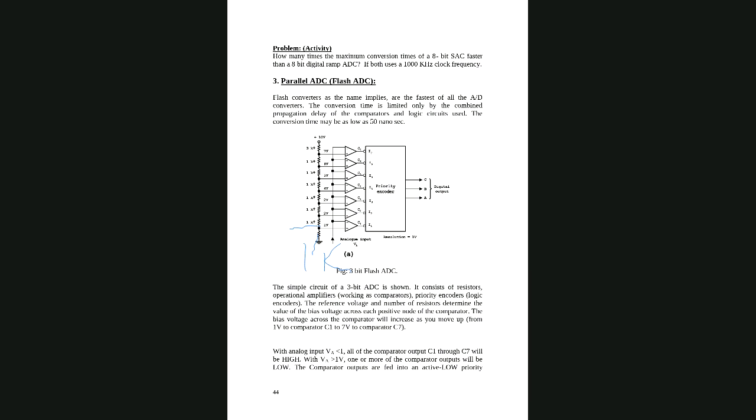Now count the number of resistors in total: 1, 2, 3, 4, 5, 6, 7, 8, 9, 10 kilo. Clear, everybody? Can you see? Each one has 1 kilo. This one is also 1 kilo, so write it down in your handout.